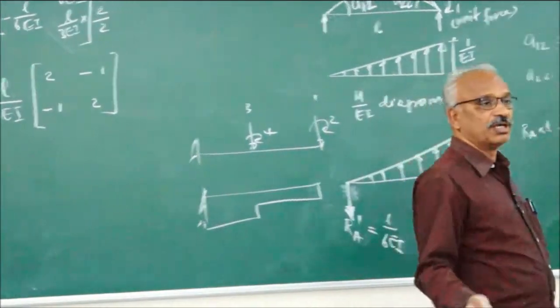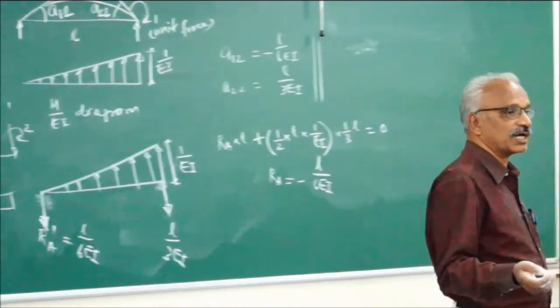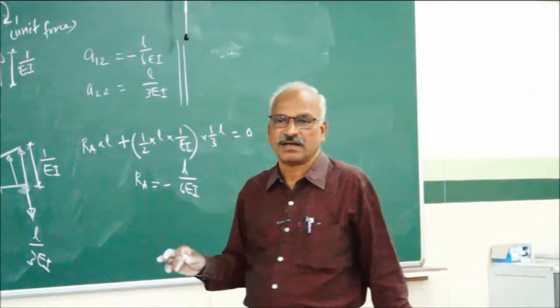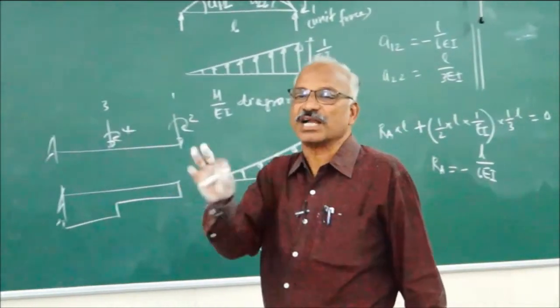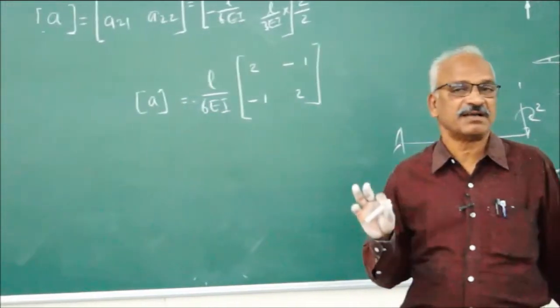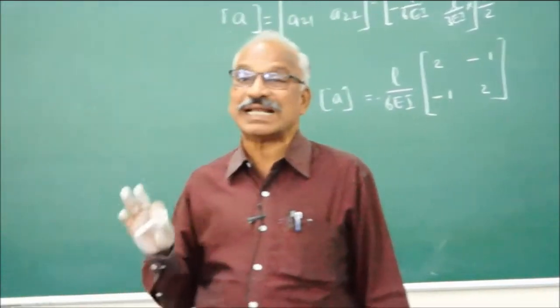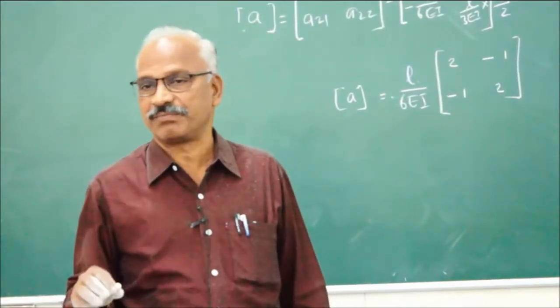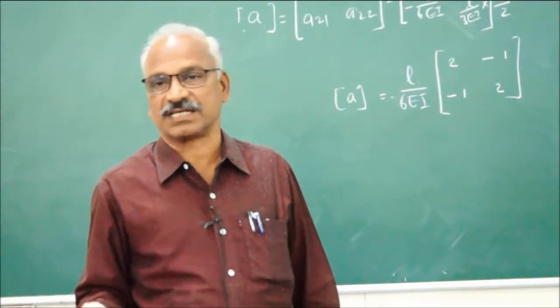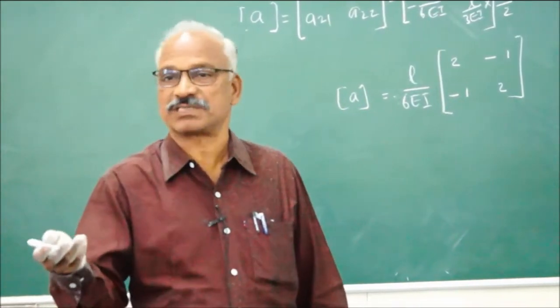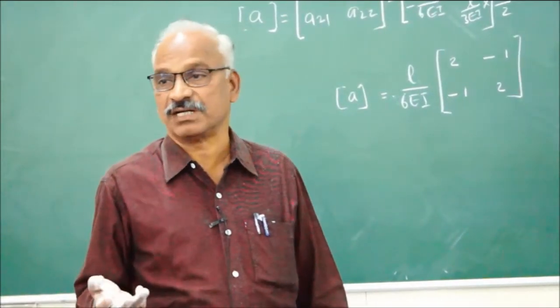You can just go through. If you have any doubt, you can come and discuss. So with this, we have introduced the method of how to generate the flexibility matrix for determinate structures. I expect you to go through other problems and come with doubts, if any.